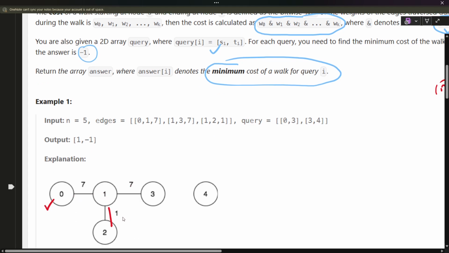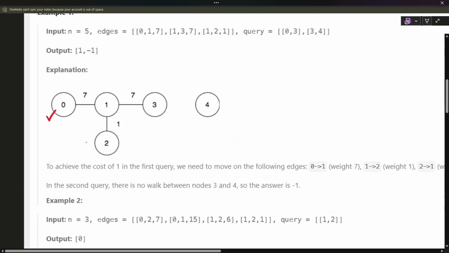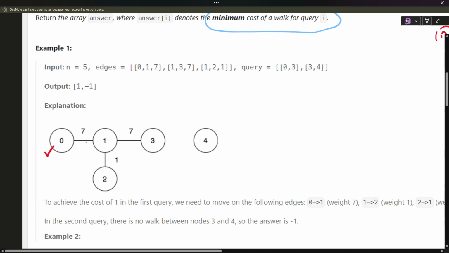Okay, and then we can go 0 to 1, we can go 1 to 3, and we can come back 1 to 3 to 1, and we can go here. Okay, or suppose we go back to 2 and then we come back again and then we go to 0. Okay, so there can be paths found, right? So can I say that if we do AND of all these three, it will come minimum, right?